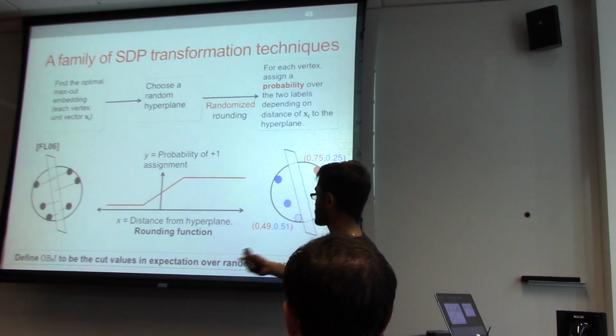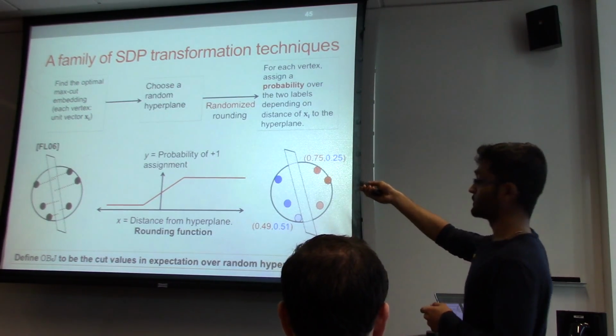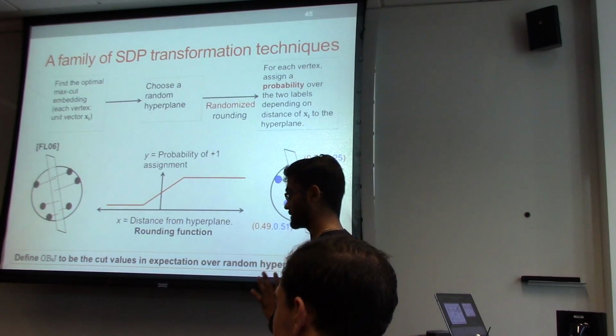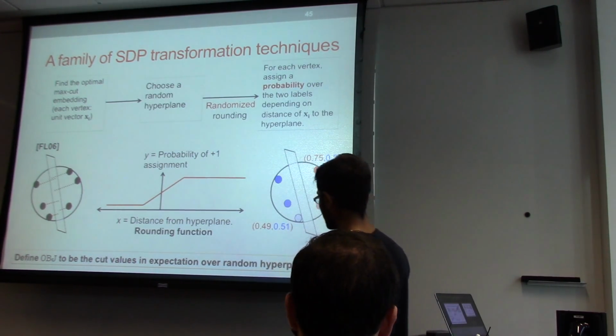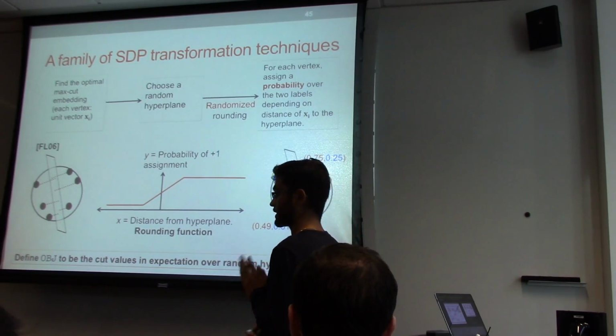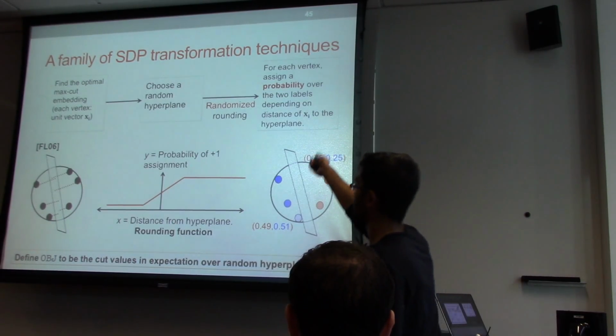I'm going to define obj to be the value of these cuts in expectation over the random hyperplane draws and over this probability distribution. I'm not going to get into further details here, but the idea is that obj is not for a proper cut over the vertices, but for this fractional cut over the vertices and over the random hyperplane draws.